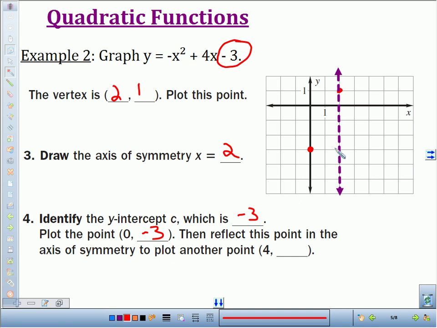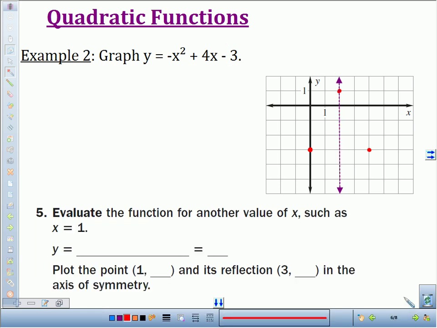So I'm going to use my axis of symmetry to mirror the point that I just placed. Since it's at negative 3, it's going to be at negative 3 on the other side. Since this point is 2 units away from the axis of symmetry, on the other side I want to put it 2 units away from the axis of symmetry. So 1, 2 here gives us this point. 1, 2 on the other side gives us the other point at 4, negative 3.